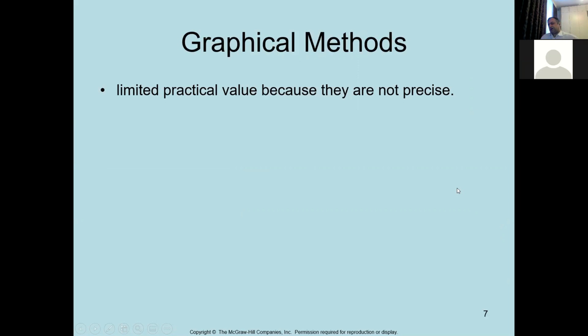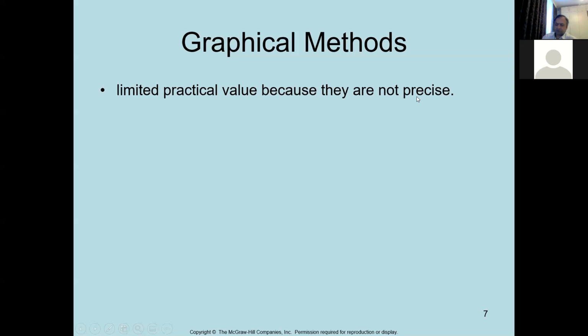The graphical method, although useful, has a limited practical value because this method is not precise. By not precise, I mean that different people can use this graphical method and they may come up with different results within the precision levels.